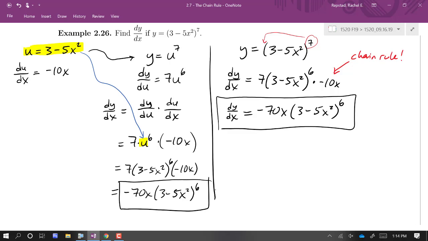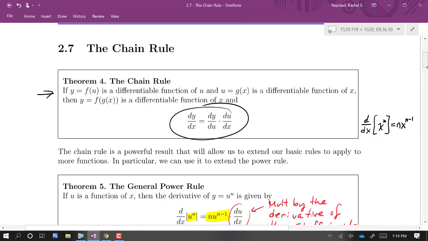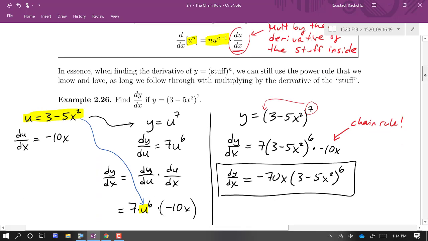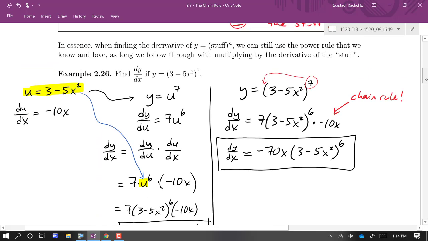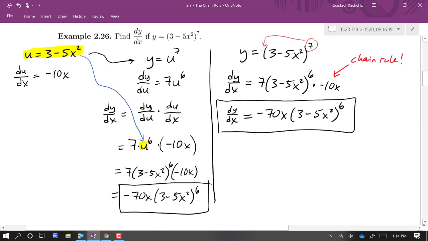So the chain rule says for any function, not necessarily an x to the n function or a u to the n function, I can find dy dx by multiplying dy du times du dx. And when we apply it to a function of this form, parentheses to a power, we can work it out the longer way, where we're explicitly identifying all the things that appear in that theorem for the chain rule.